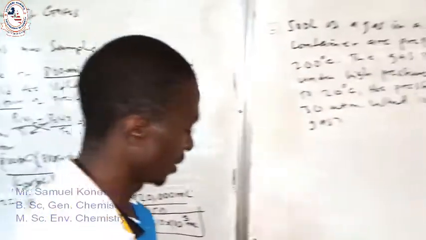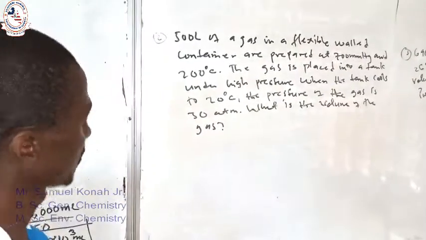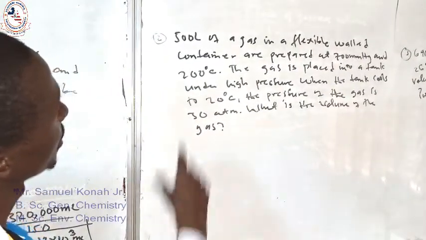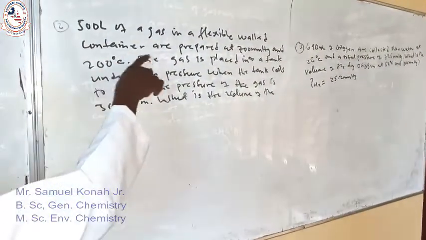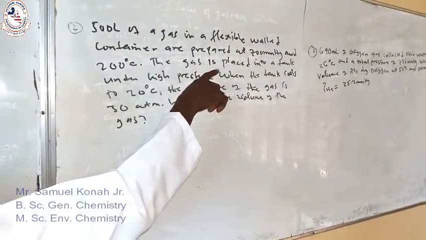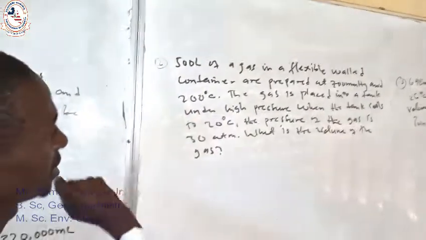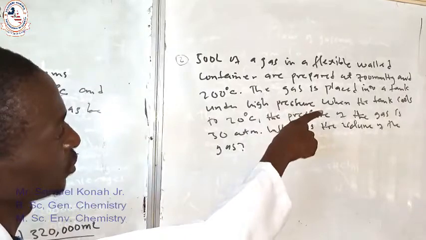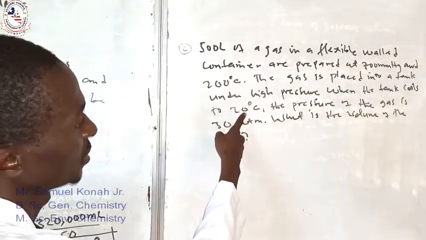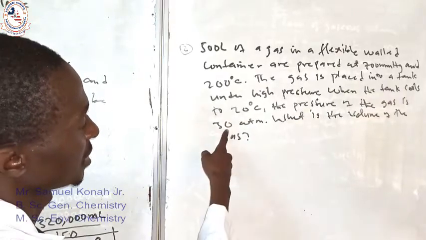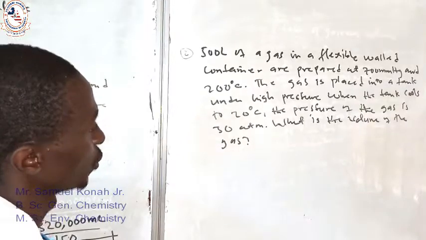Okay, then we get to our next question, which says: 500 ml of a gas in a flexible wall container is prepared at 700 millimeter mercury and 200 degrees C. The gas is placed into a tank under a high pressure. When the tank cools to 20 degrees C, the pressure of the gas is 30 atm. What is the volume of the gas?